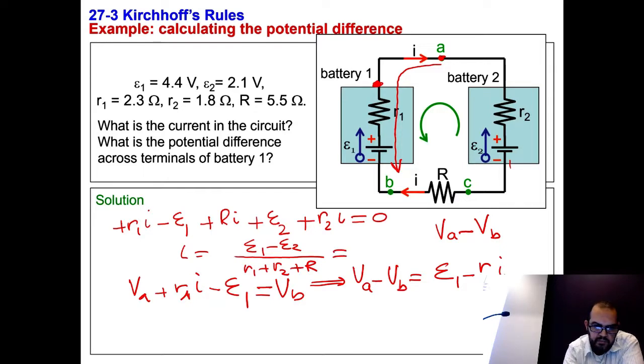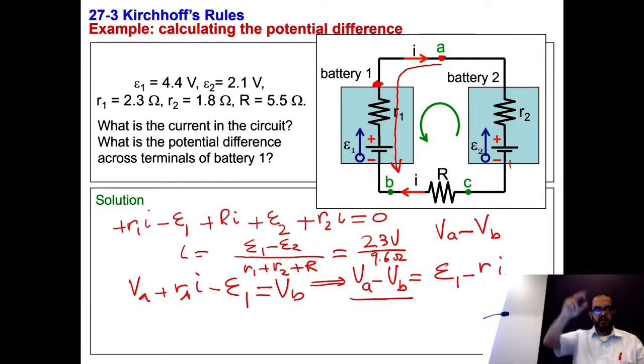So this is 4.4 minus 2.1, which is 2.3 volts, divided by the sum of the resistances, 2.3 and 1.8 plus 5.5, so 9.6 ohms. So you get the current, you can replace it here, and you get the potential difference between the two terminals.